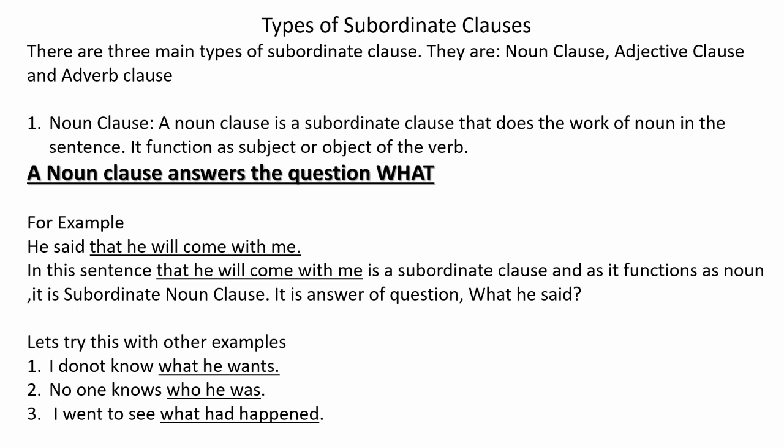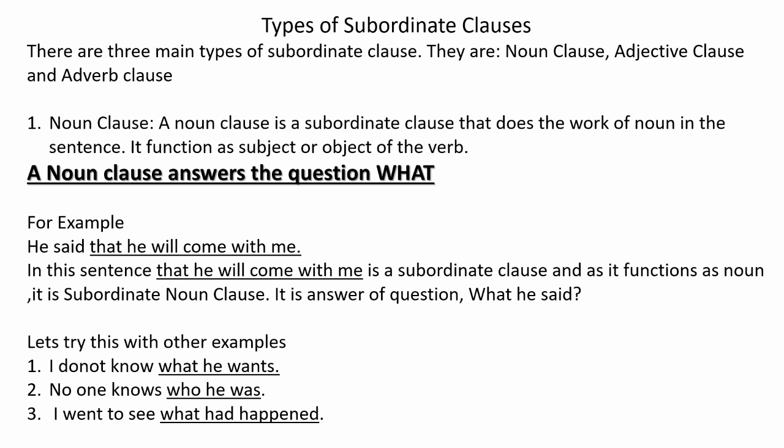The trick to identify a noun clause is to first find the subordinate clause in the sentence, then form a WH question, and if the WH question starts with what, then it is a noun clause. Now let's try this with other examples. I do not know what he wants. So what he wants is a subordinate clause.